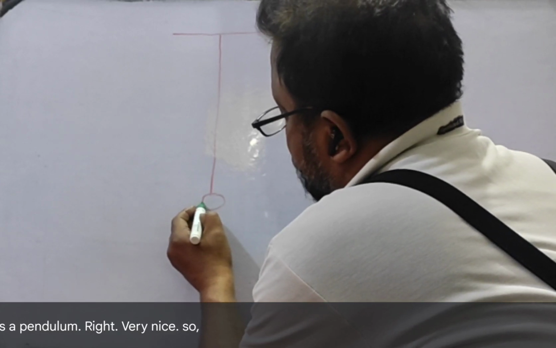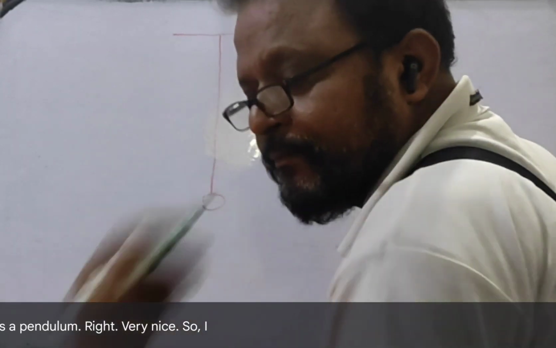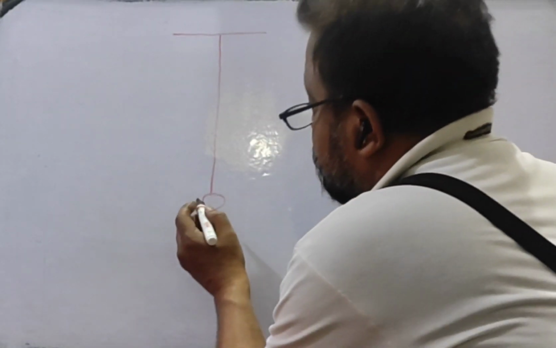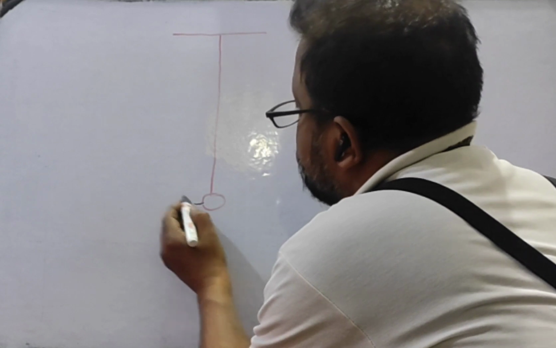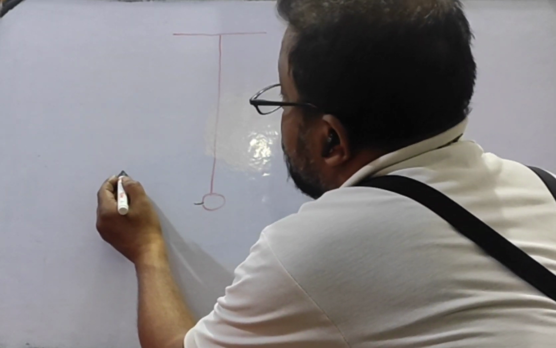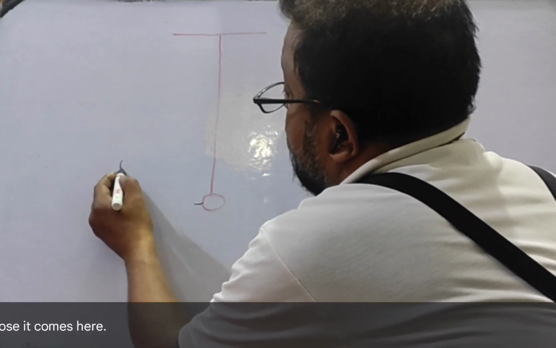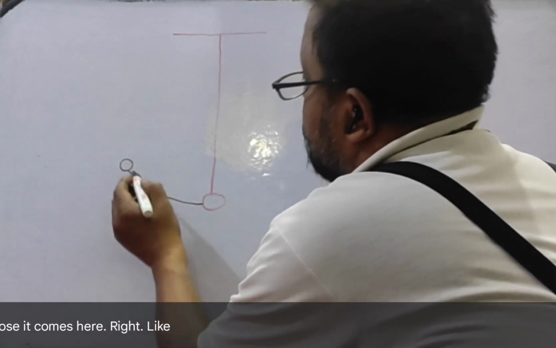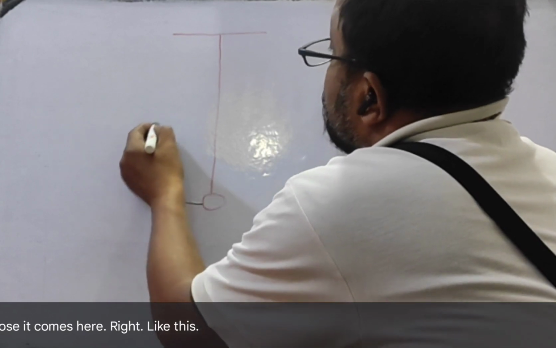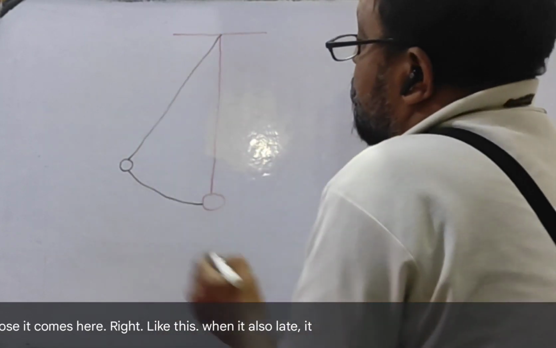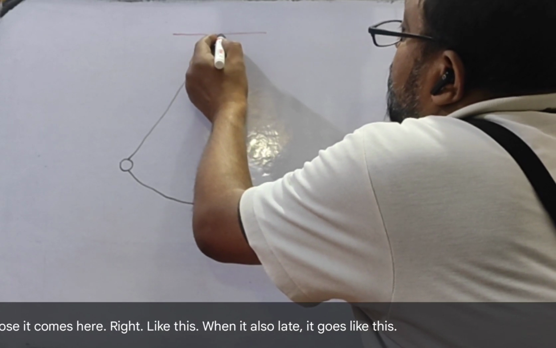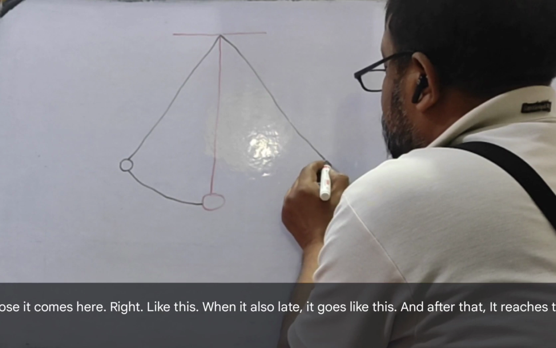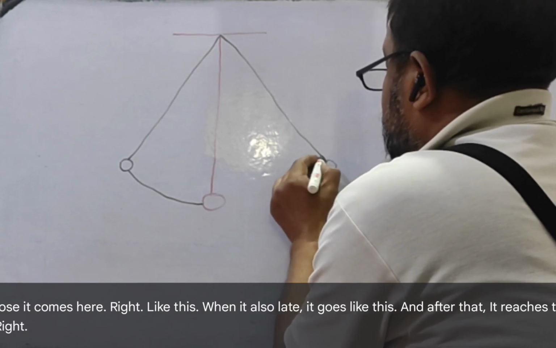So suppose it comes here, right? Like this. When it oscillates, it goes like this, and after that, it reaches this position, right? This is.